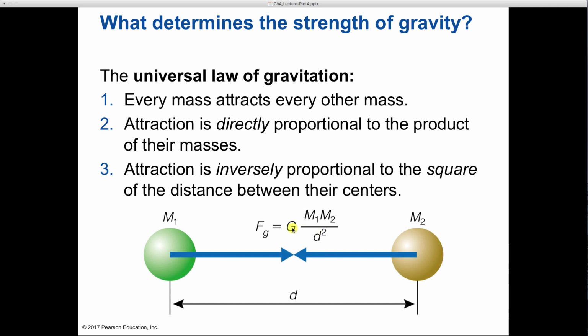It's a universal constant of gravity. People have done experiments to really precisely measure this number. But it's a constant. It doesn't change. Multiplying all these things together gives you the attractive force of gravity.